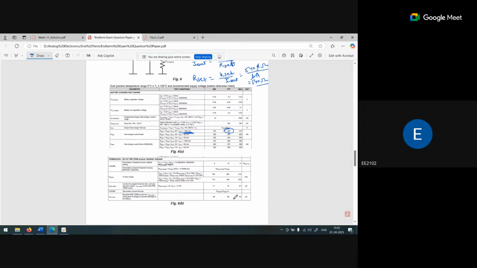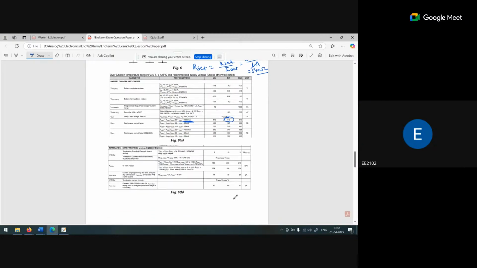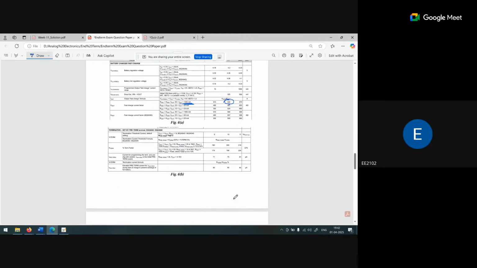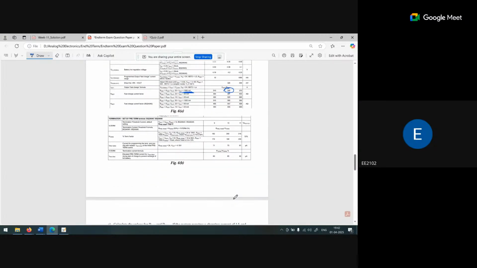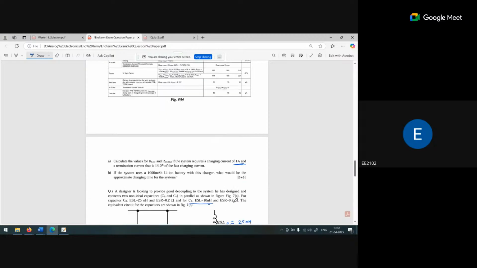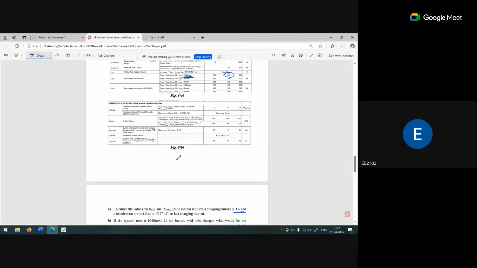Okay. Now part B is that you have to calculate the R term. So here if you see the formula, percent term is equal to R term upon K term.